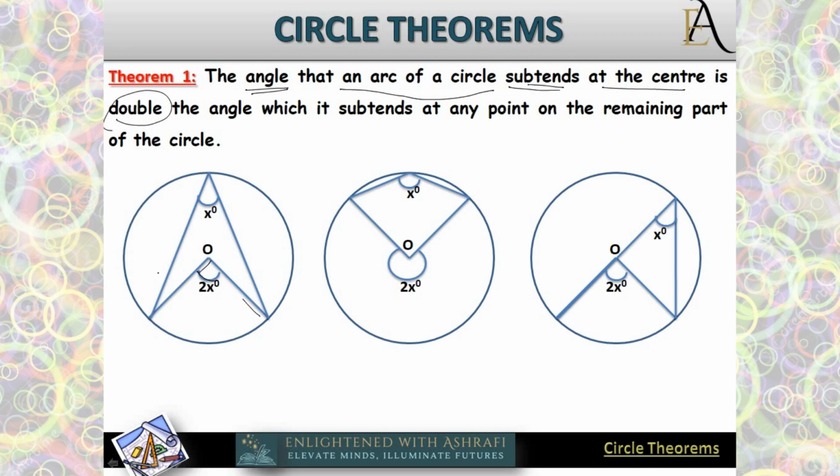So any angle that we have over here. What it means is, if there is an arc which has an angle from the center and an angle on any part of the circle, then if this is x, this is 2x.